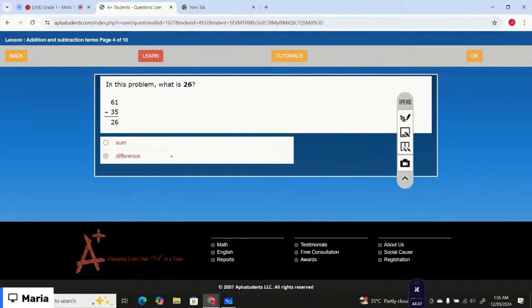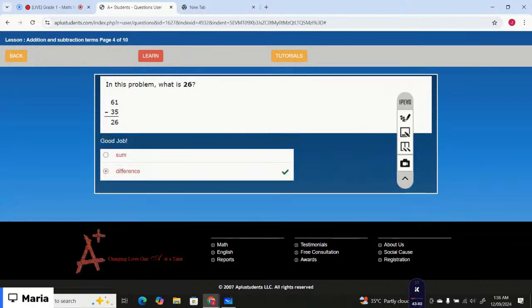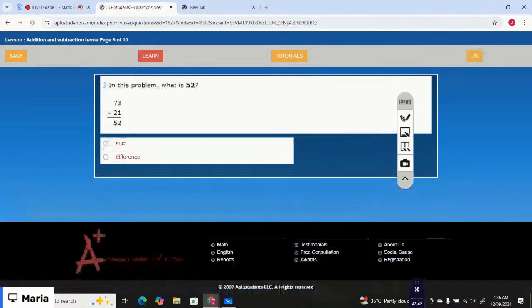That is difference. 26 is the difference of the two numbers. Got it? In this problem, what is 52? So you're subtracting two numbers, 17 take away 21. Yes, difference it is, right?